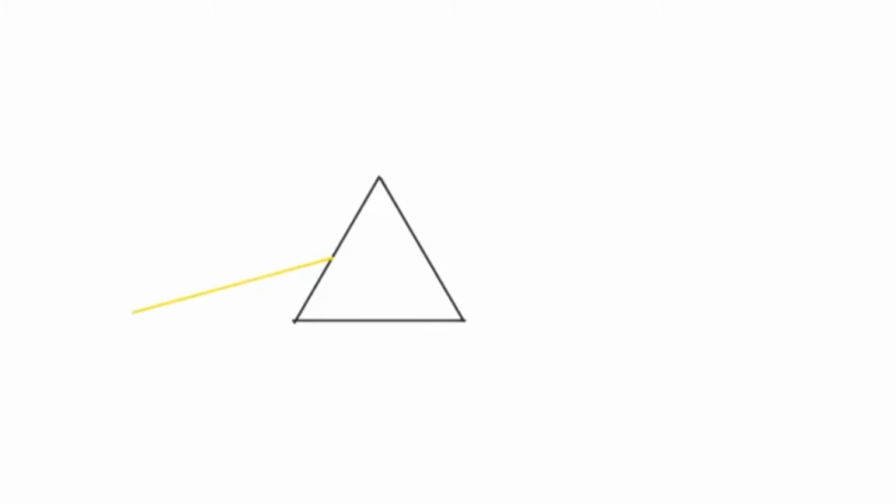It will enter into the prism such that it bends towards the base, and then it will come out of the prism from the other end. In order to determine this angle of deviation, we just extend. In case I forgot, this is the base.